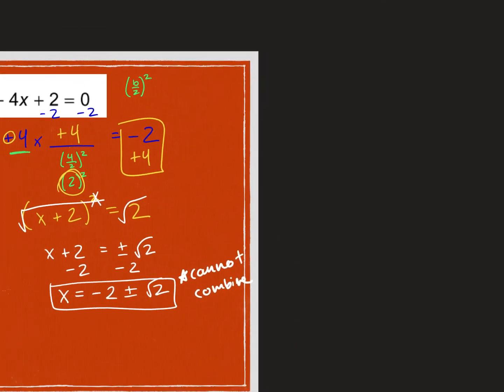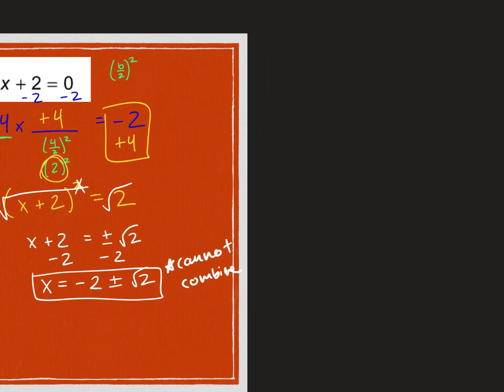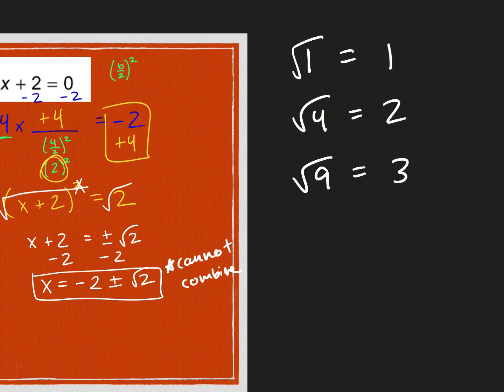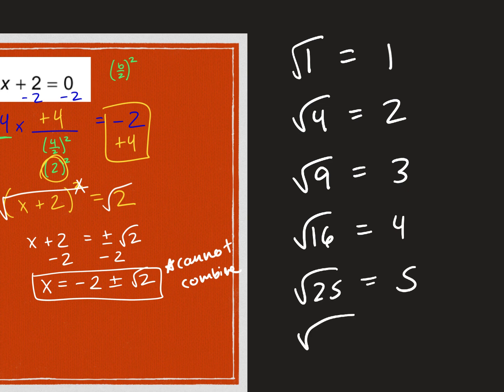And as a little refresher, some examples of perfect squares would be like 1. So if we take the square root of 1, what's that? 1. What's the square root of 4? The square root of 9. Square root of 16. Square root of 25. Square root of 36.